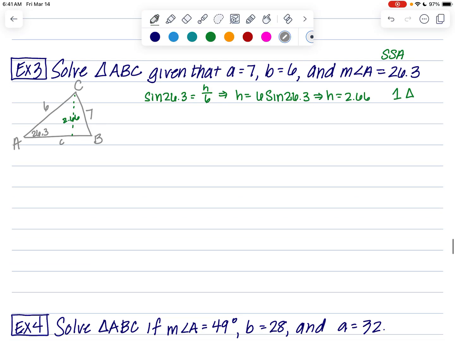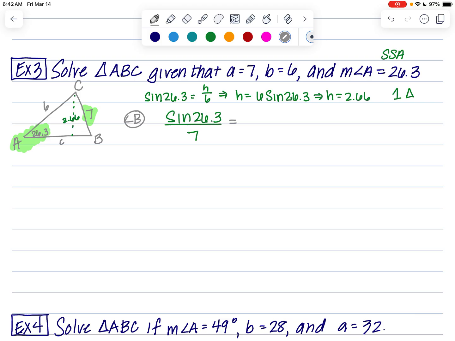Okay, so proceed with your law of sines as per usual. In this case, we're going to have our A ratio. Always start with the ratio that you're given all of the information. I'm going to use this to find angle B. So the sine of 26.3 divided by 7, that's your ratio to start with, because that ratio has a value.